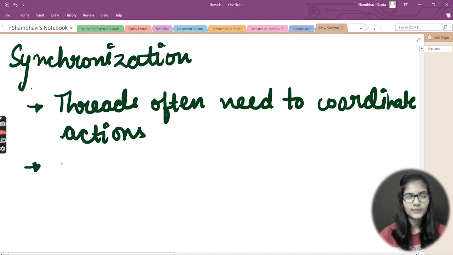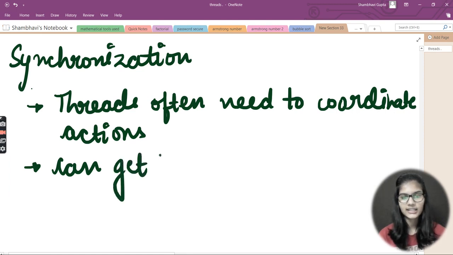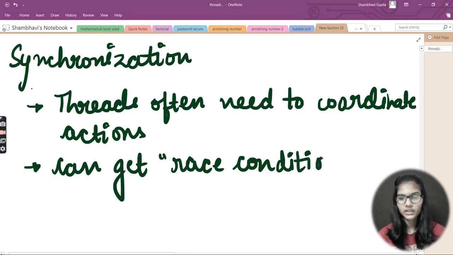Fine. Another thing is that they can get race conditions, and I would write that in quotes, that they can get race conditions, right? Now what we mean by race conditions is that you can call it the outcome dependent on the order of thread execution.